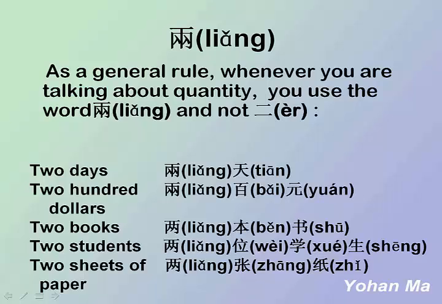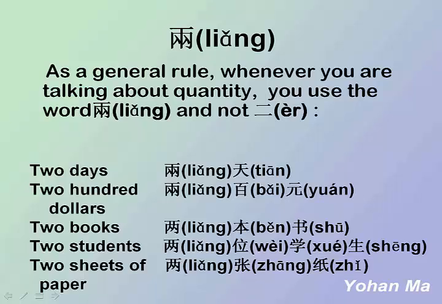Okay, let's talk about the unit. 2 books, 两本书. 本 is the unit for books. Student, 位. 两位学生. 位 is the unit for students. 两张纸, 2 sheets of paper. 张 is for paper.